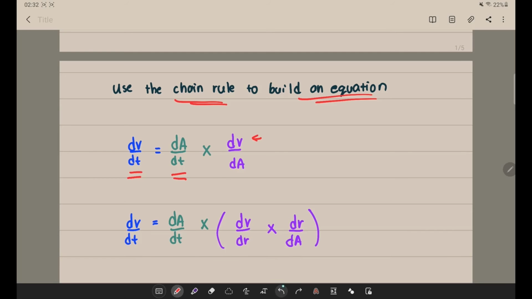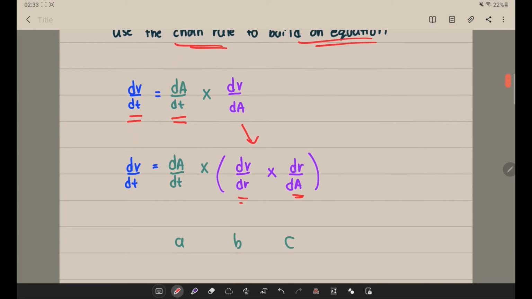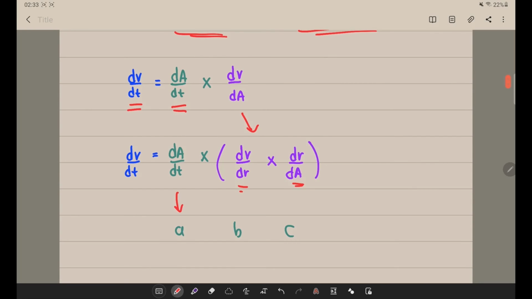But how do we find dV over dA? We can build dV over dA by multiplying dV over dr and dr over dA. Therefore, we can break it into three parts: dA over dt, which is A, dV over dr, which is B, and dr over dA, which is C.